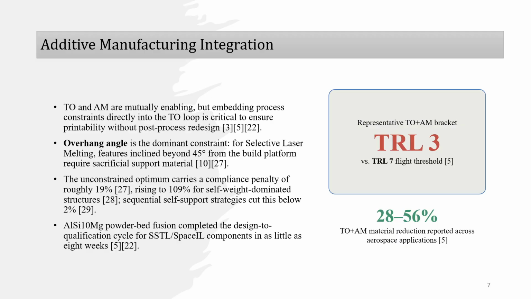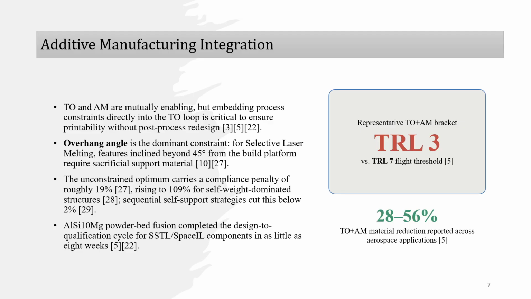Additive manufacturing offers a pathway to fabricate these geometries. However, manufacturability cannot be treated as an afterthought. If overhangs, support requirements, build orientation, and process constraints are ignored, the optimized design may require major redesign before printing.